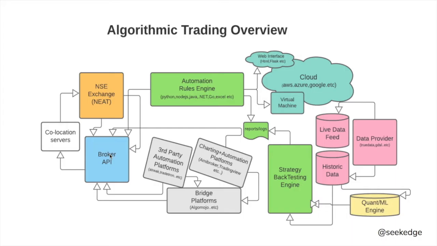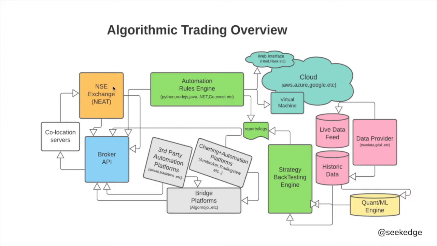Whether it is algorithmic or non-algorithmic, online or offline, all trading happens through a broker. We are talking about online trading, which happens through the broker APIs. The broker APIs connect with the exchange interface. An API is nothing but a mechanism of connecting one application to another.